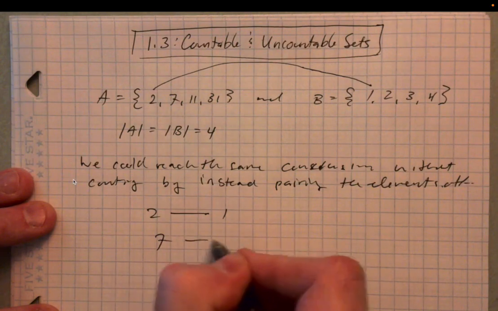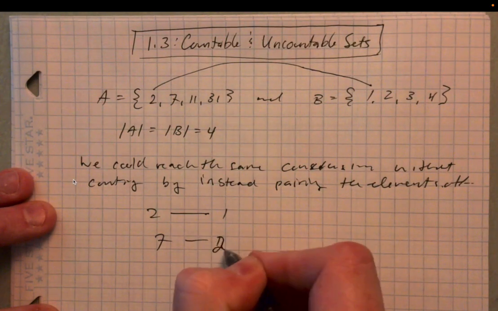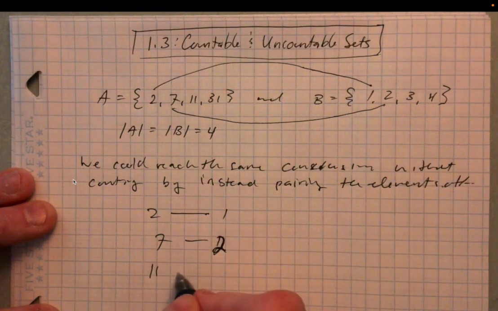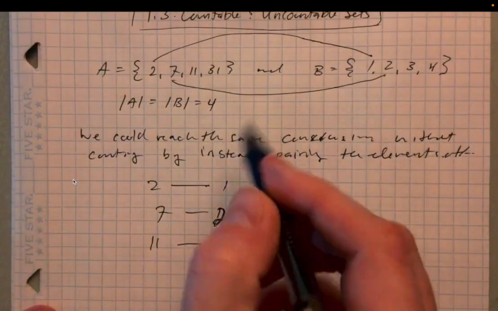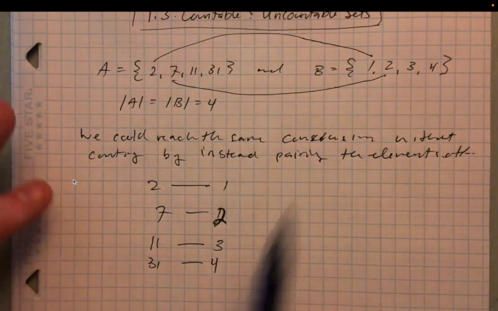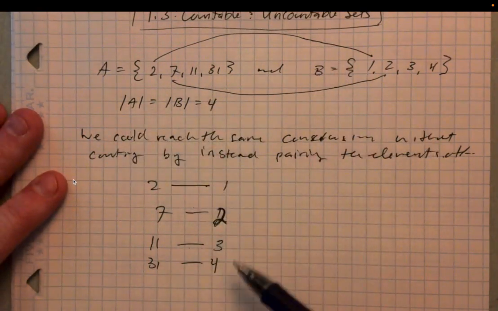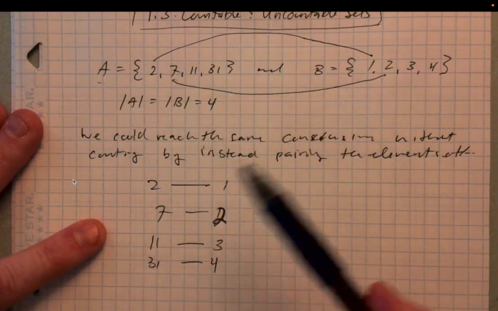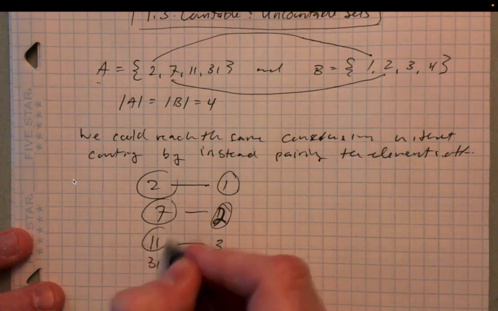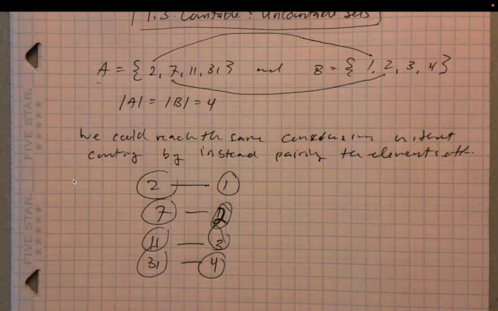And 7 and 2, pair those two together. And then, of course, 11 and 3, and 31 and 4. And so we would be able to say, using this method, that A and B have the same number of elements because everything is in a pair exactly once.